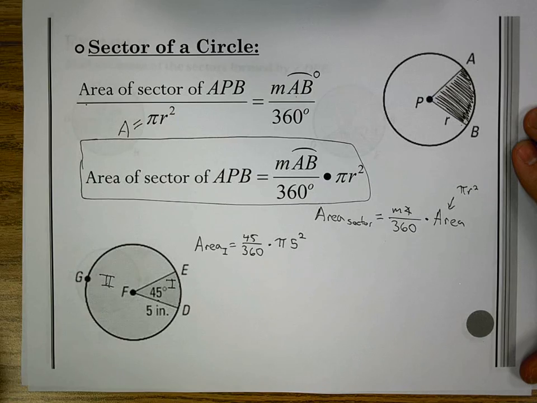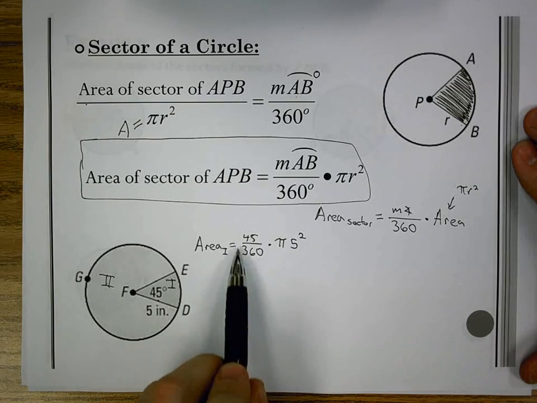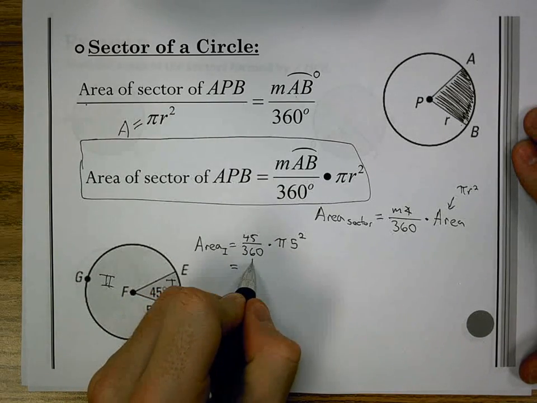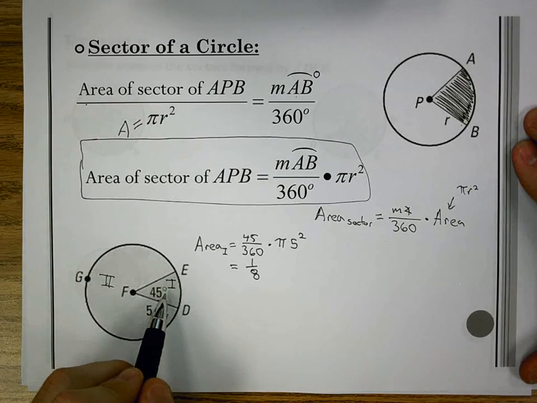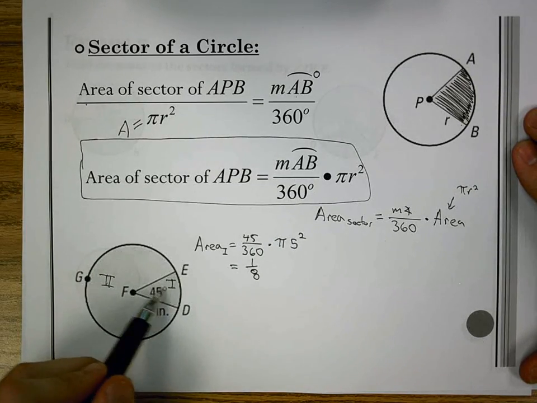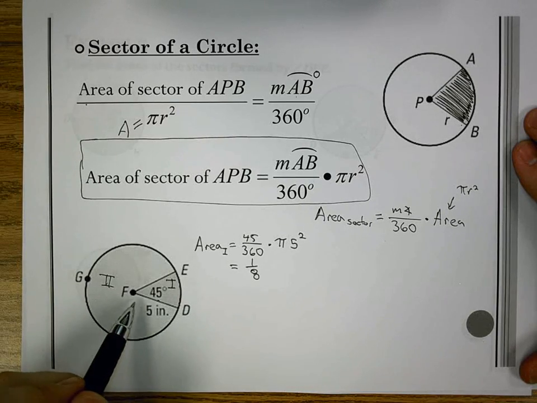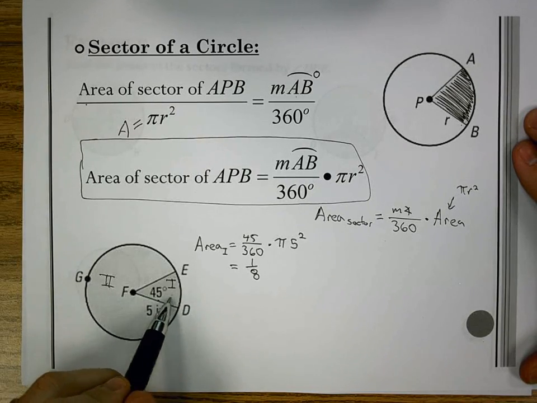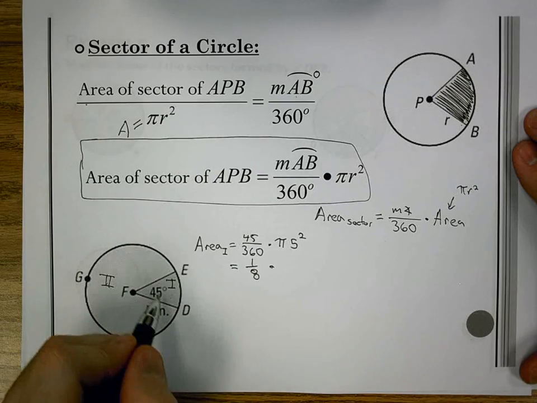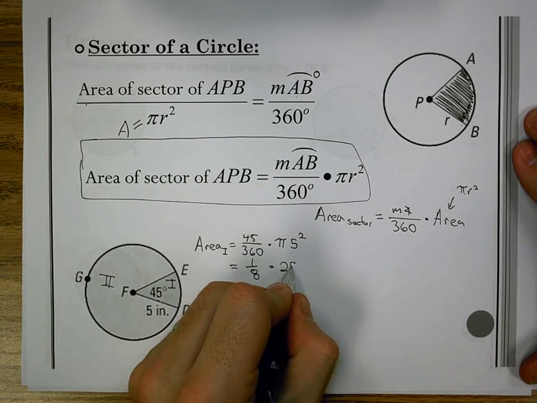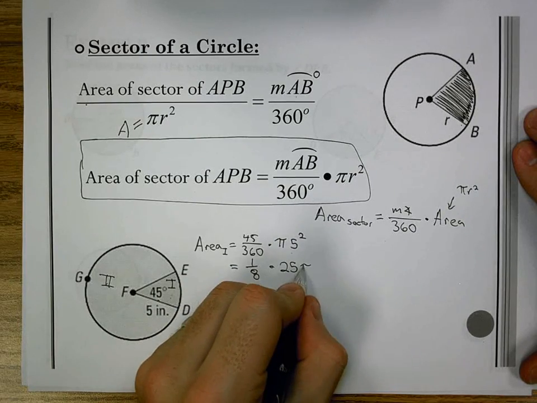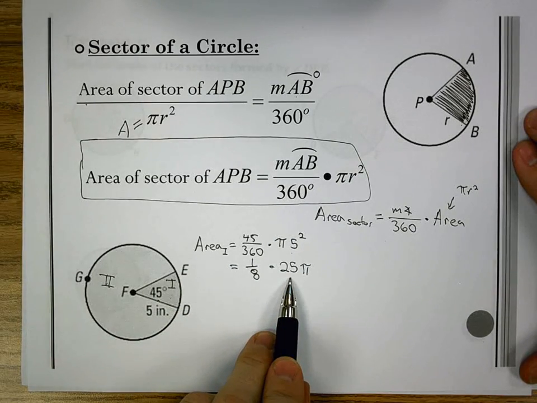To go over the parts again, this is the fraction I want. 45 over 360 is 1/8. I want 1/8 of that whole circle. It's like a slice of pizza. I want that 1/8 of it. If it was 8 slices, that would be 1 slice. But I want what of the total area? This is pi times 5 squared, or 25 pi. Total area is 25 pi.